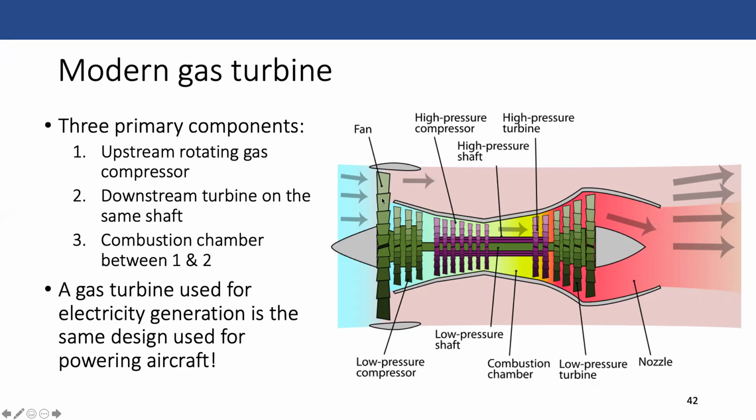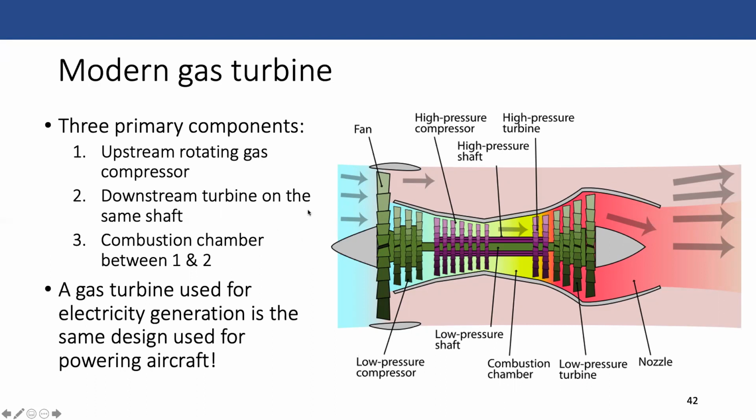It's got a compressor upstream, which is this part on the left here. In the downstream part, which is on the right over here, it has a turbine, which is basically the opposite of the compressor. And then you've got a combustion chamber between 1 and 2.